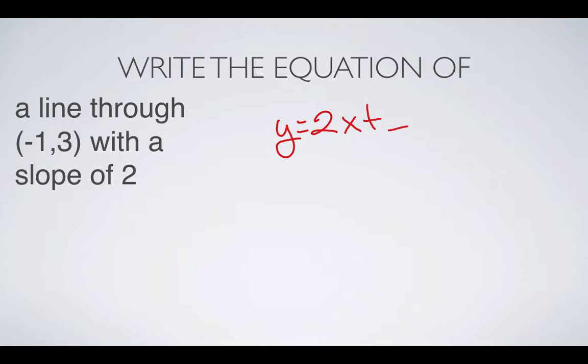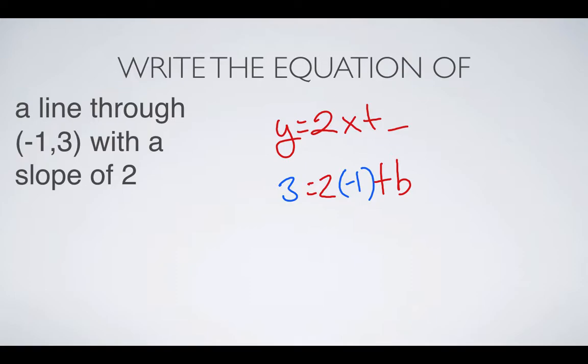At that point, we have a point, so I'm going to plug in 3 equals 2. Wait, I also have an x value, so I'm going to say times -1 plus b. So I'm trying to find this out.